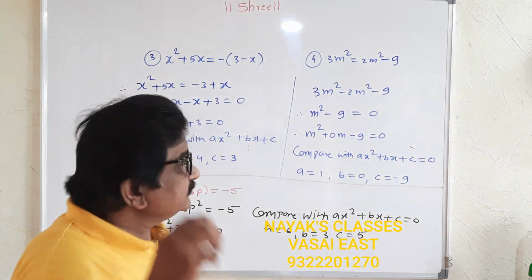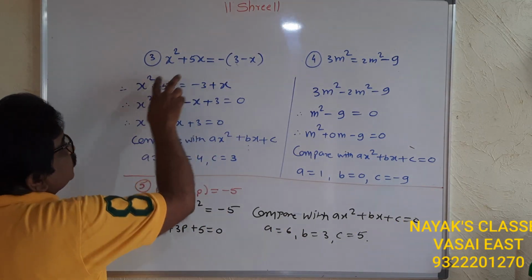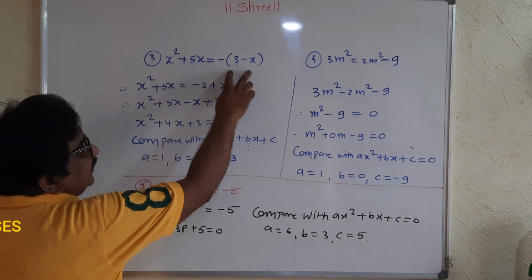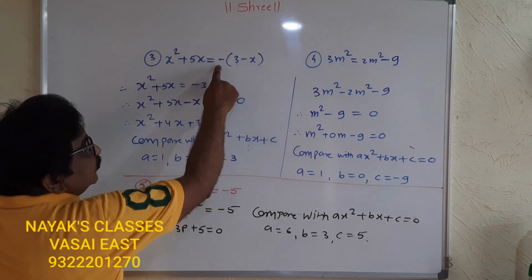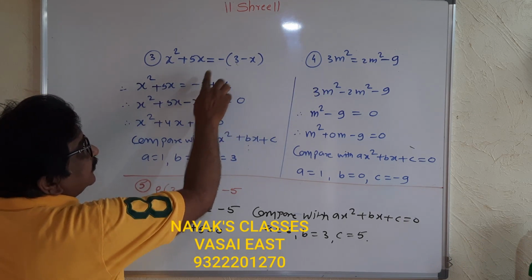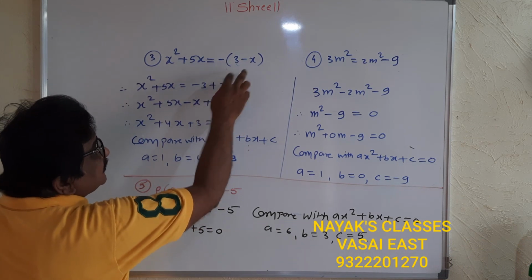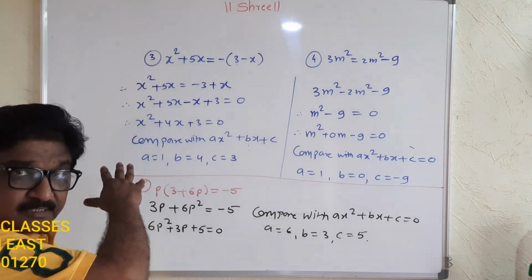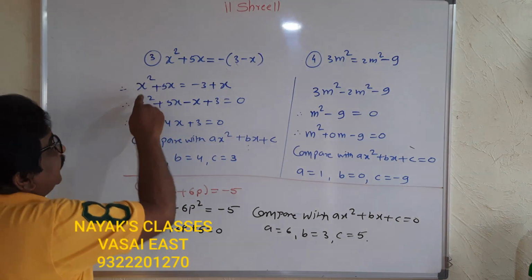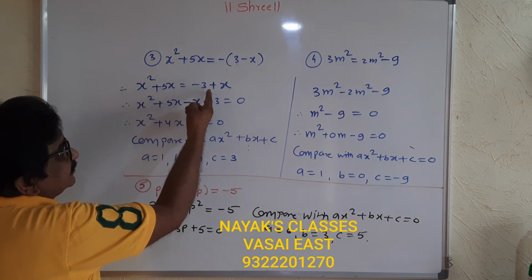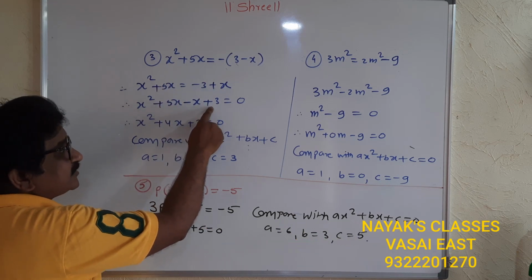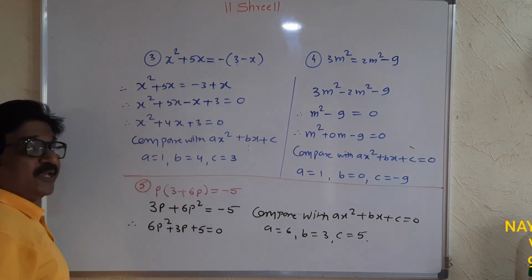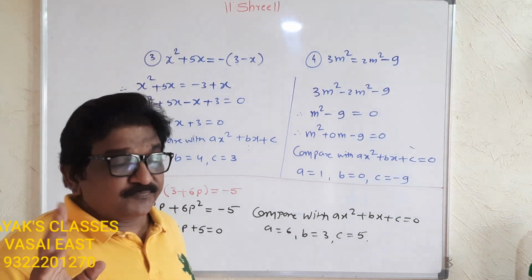Very simple. These two will remain same and this bracket will get open. So minus into 3 is minus 3, minus into minus x is plus x. Transfer all these things to the left hand side. So x square plus 5x, minus 3 becomes plus 3 and plus x becomes minus x.